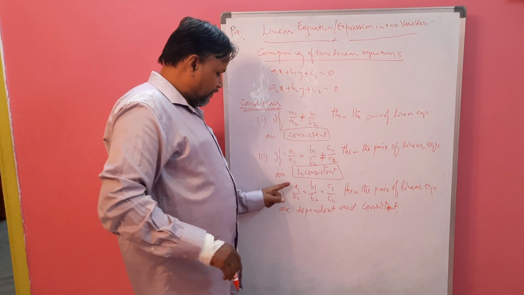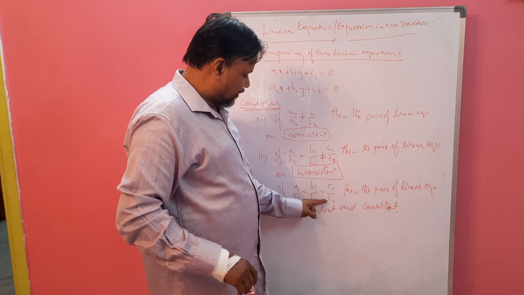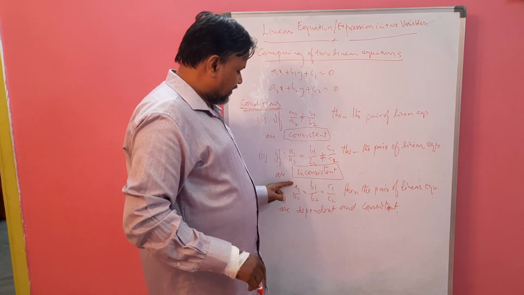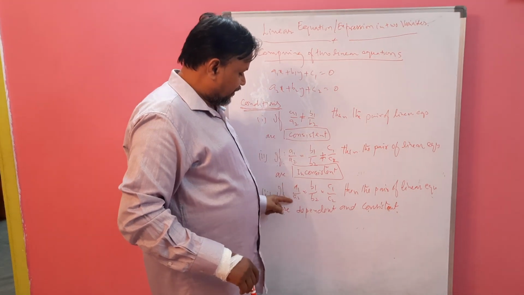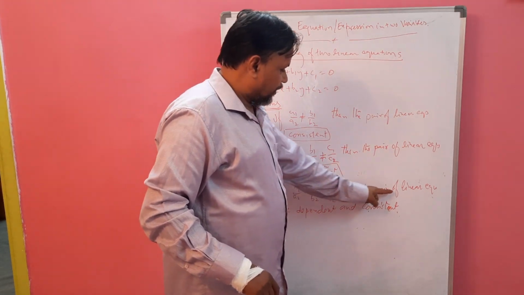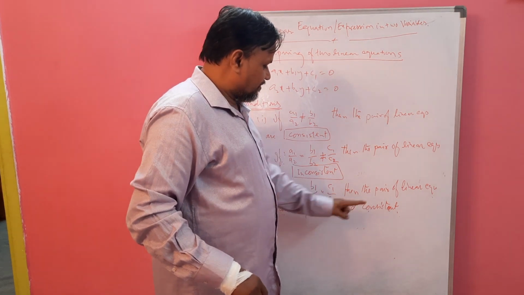Third condition: if a1 by a2 equals b1 by b2 equals c1 by c2, all are equal, the ratio of the coefficients of x, y, and the constant, then the pair of linear equations is dependent and consistent.